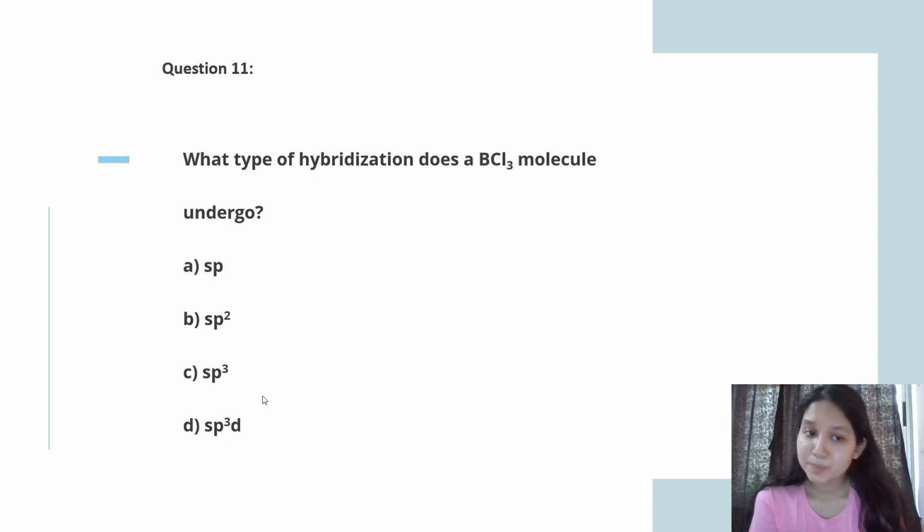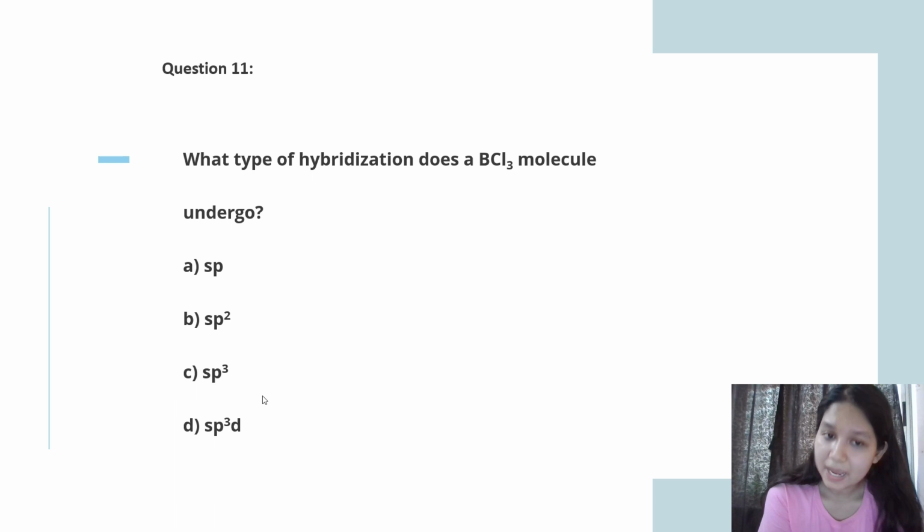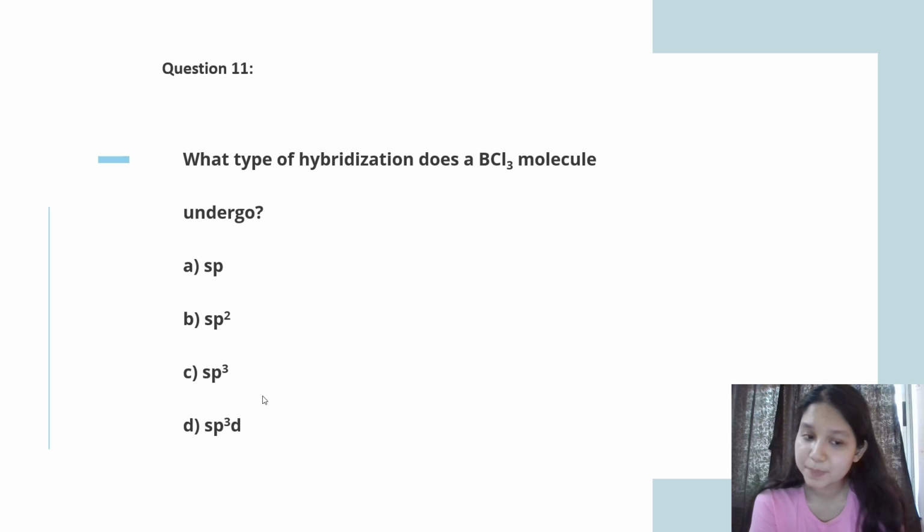We have question number 11. What type of hybridization does a BCl3 molecule undergo? Boron trichloride molecule's hybridization, you have been asked, and you are given four options. Is it sp hybridized? Is it sp2? Is it sp3, or is it sp3d?